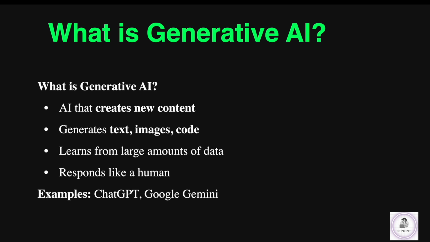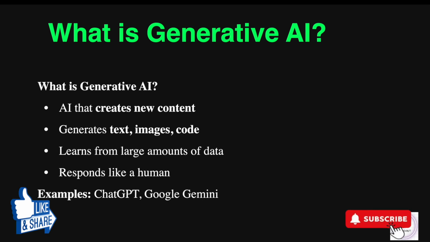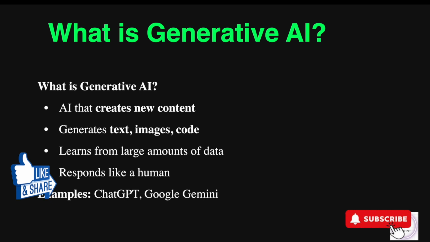In other words, generative AI is a type of artificial intelligence that can create new content instead of just analyzing or classifying your data. Generative AI can write, speak, or create content like a human.